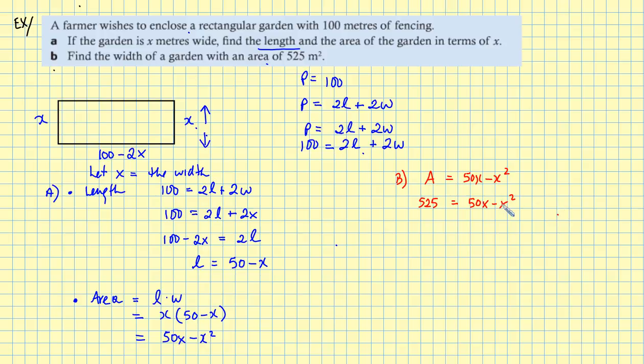Now I can bring everything over to one side because I've got a quadratic trinomial. I'm going to set it equal to 0 because I want to solve for x, the width.